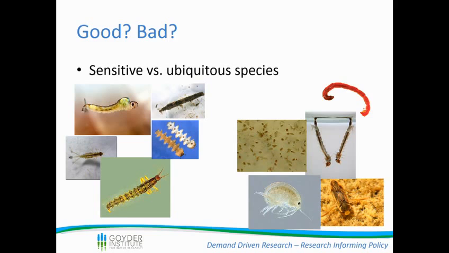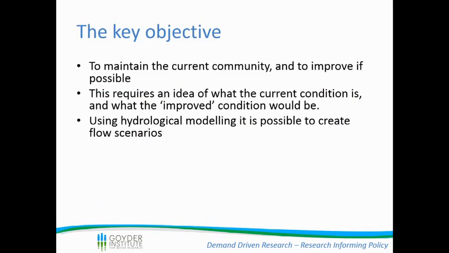So we can look and say, okay, those more sensitive species, those rarer species, do we want to see those increasing and those ubiquitous, more tolerant species becoming less prevalent? Maybe, who knows? But at the end of the day, we just want to come back to this key objective. We want to maintain the current community and improve it if possible.